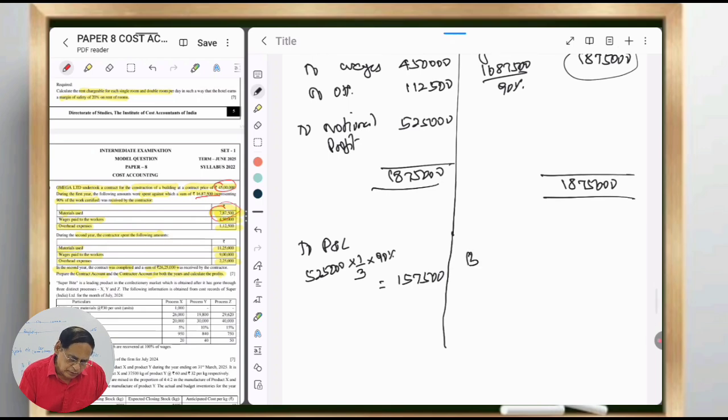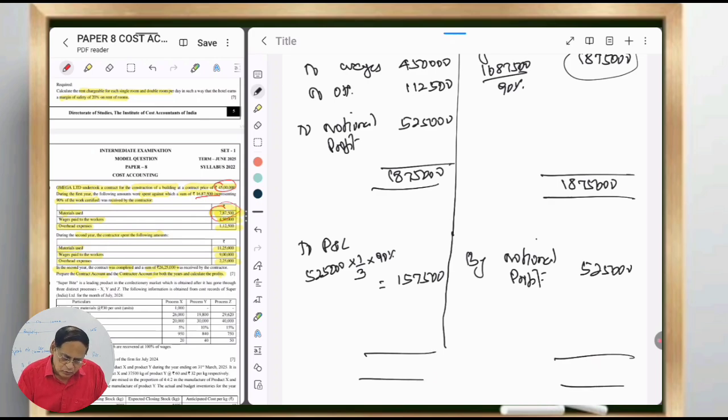So here by notional profit, we have to transfer that to the credit side, that is 5,25,000. So the total balance would be kept as a work in progress reserve. So 5,25,000 minus 1,57,500.